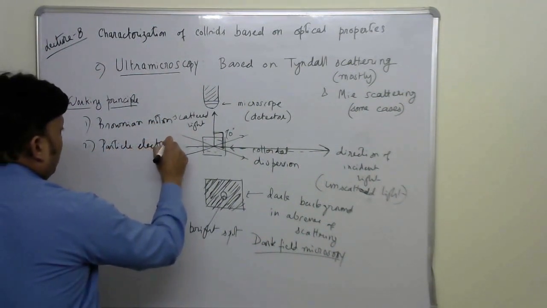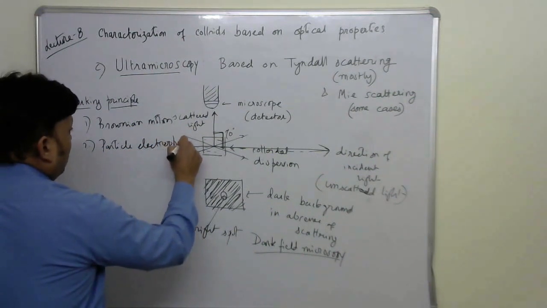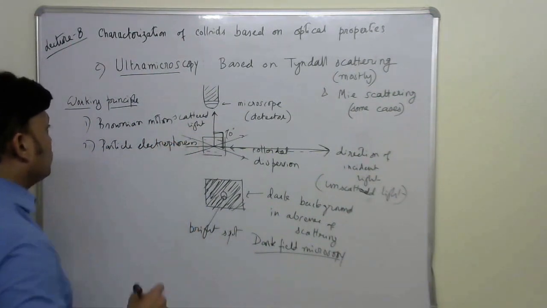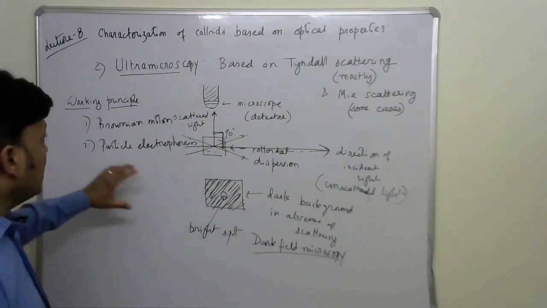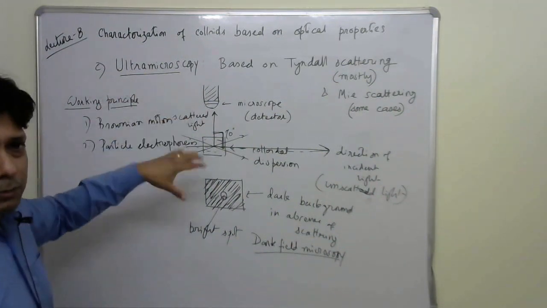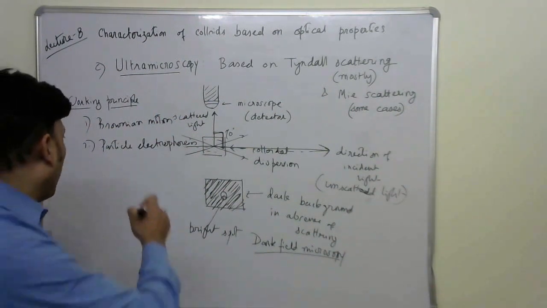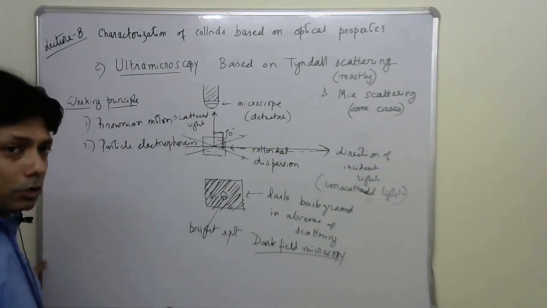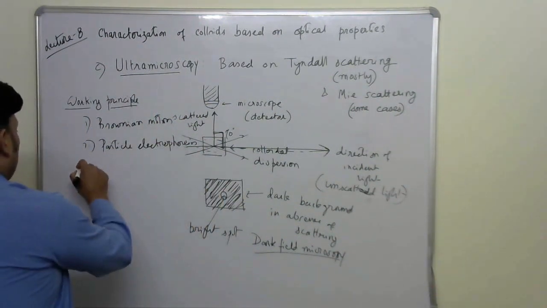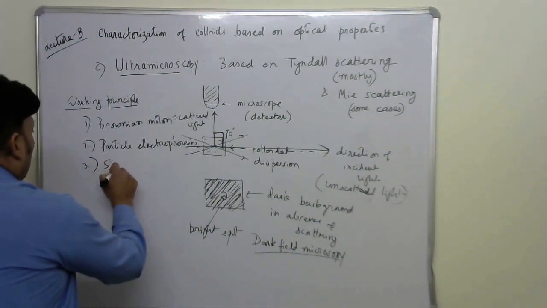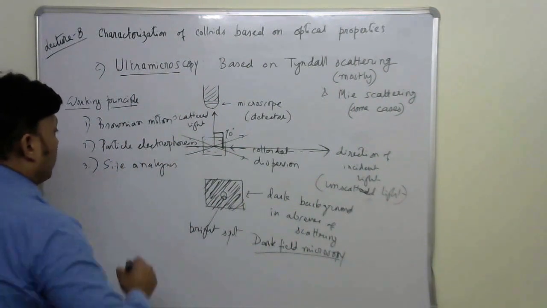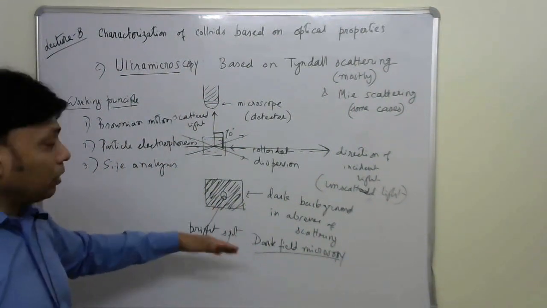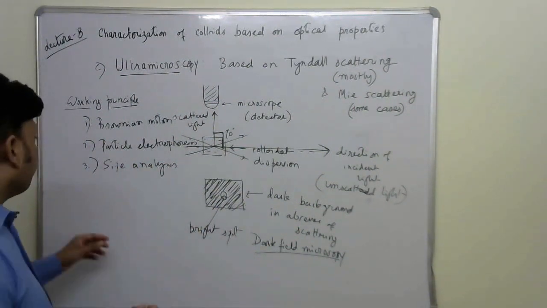The earlier electrophoresis machines used to have exactly the ultramicroscope, and these days it is basically the same technique, but it has evolved in a more advanced way, which I will also talk about a little bit in the next lecture. And also the size analysis of any colloidal particle suspended in a liquid or air.